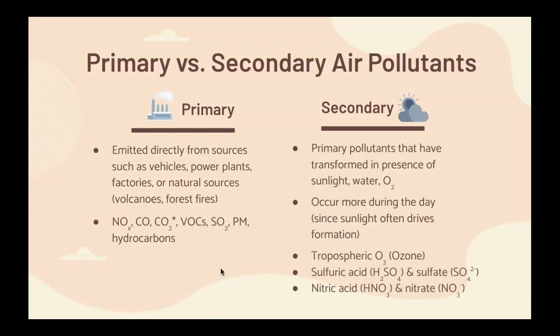But our secondary air pollutants are ozone, which is a criteria air pollutant, and then sulfuric acid and sulfate, which are forming from our primary air pollutant, sulfur dioxide, and then nitric acid and nitrate, which are forming from our primary pollutant, nitrogen dioxide.